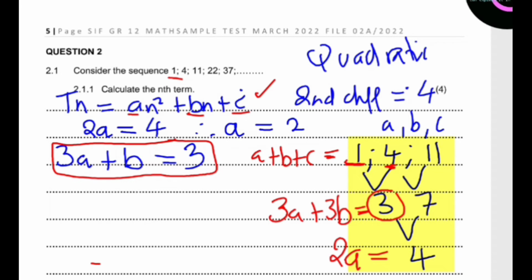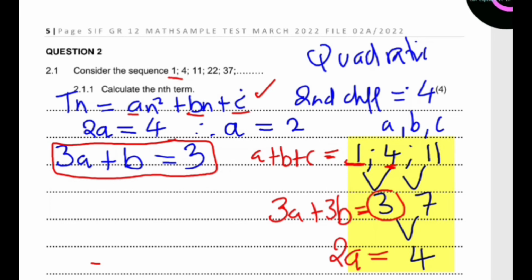So if you remember it like that, you can solve this starting from the bottom. Once you know what a is, you can get what b is. Once you know what b is, you can get what c is. Okay. So that is the easiest way of remembering it. That's why I call it the ABC method. Okay, get a, get b, and get c.